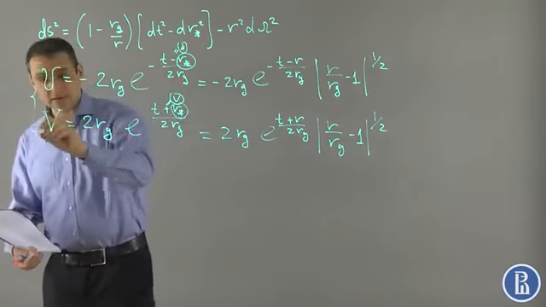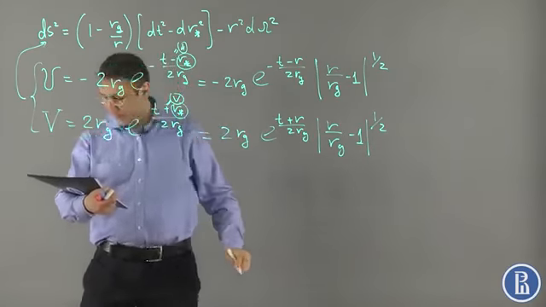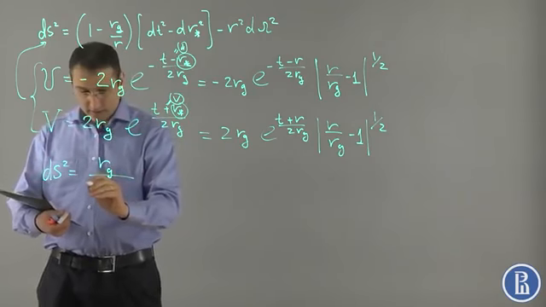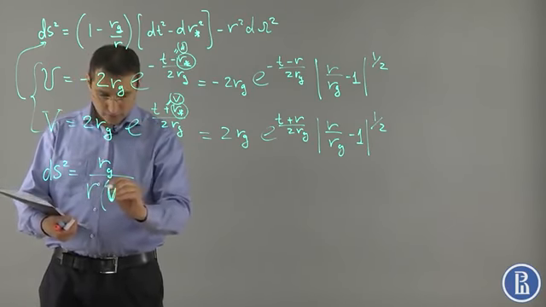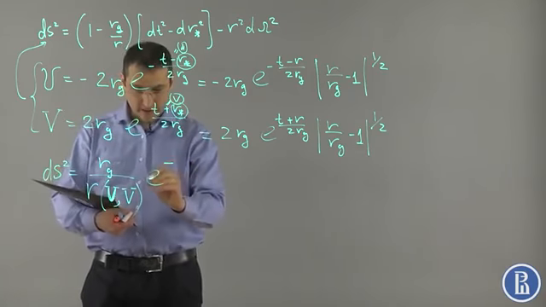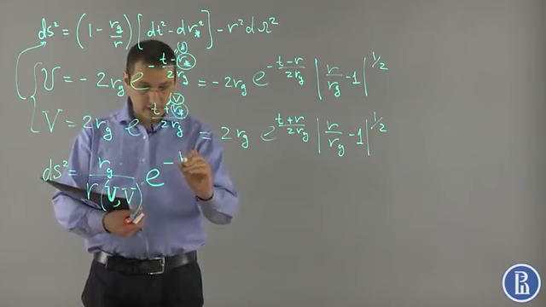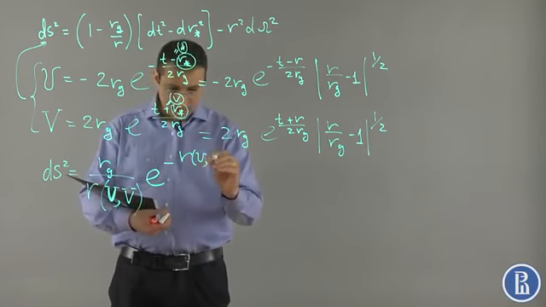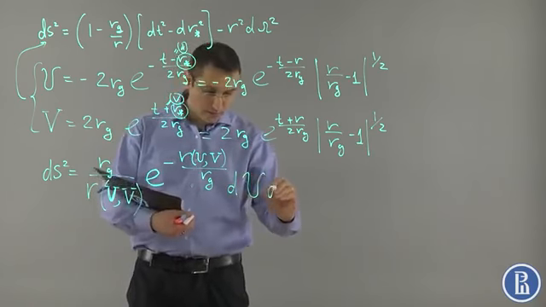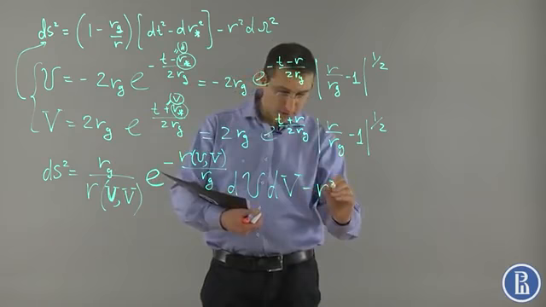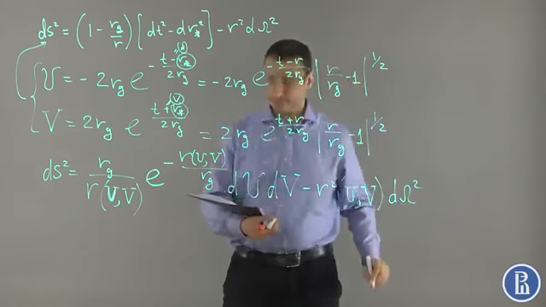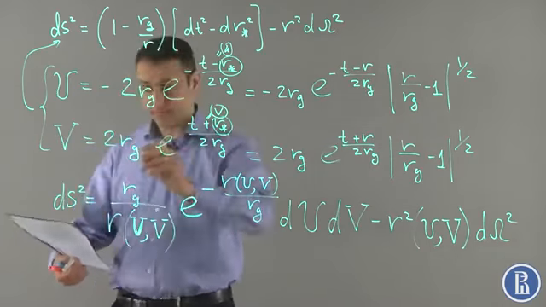So if one would make this transformation in this metric, one would obtain the metric in this form. ds squared is equal to rg divided by r, which is an implicit function of U and V, times exponent of minus r of U and V divided by rg, times dU times dV, minus r squared of U and V times d omega squared, where this function can be found from these expressions.